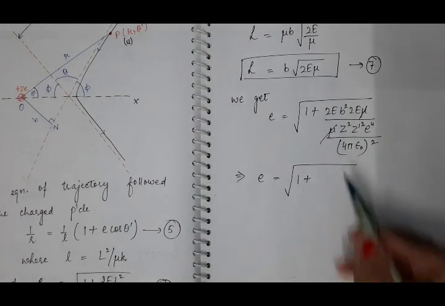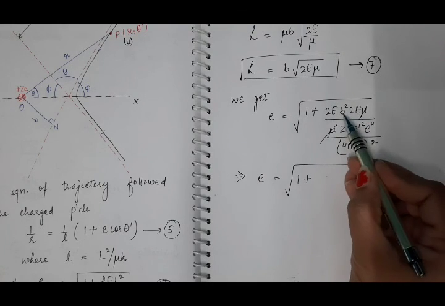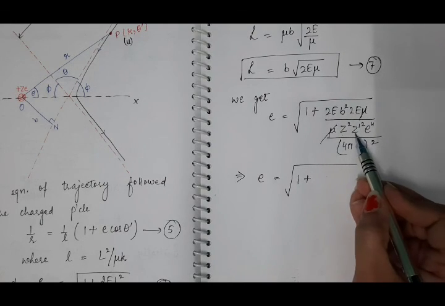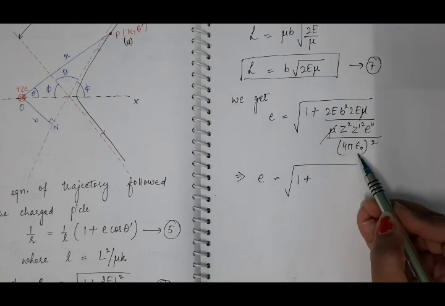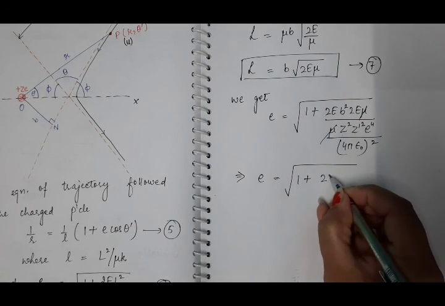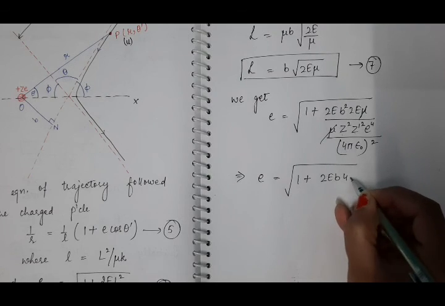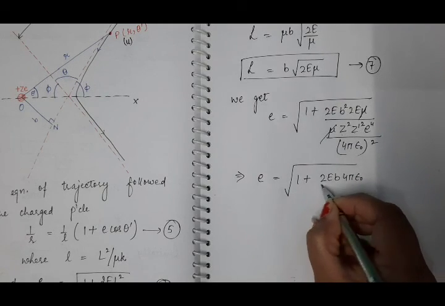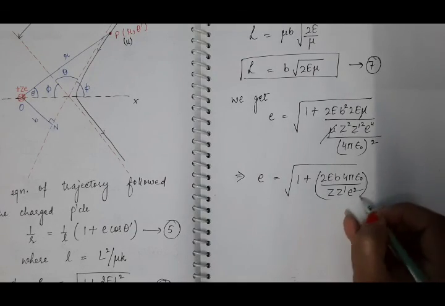So you can see this 2 into 2 will be 2 square. This is E square, this is b square, this is z square z dash square e square, 4 pi epsilon naught square. So 1 plus this term, it is the square of 2Eb into 4 pi epsilon naught divided by z dash e square, whole square.